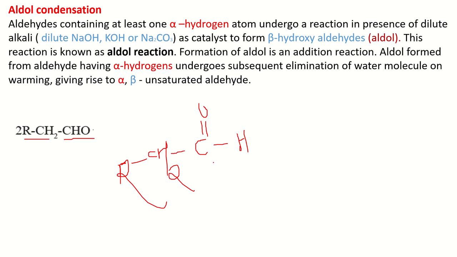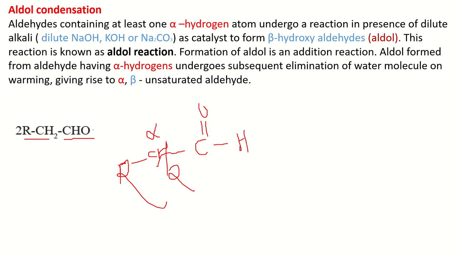This part is called the carbonyl group. The neighbor carbon of the carbonyl carbon is called the alpha carbon, and the hydrogen atom attached to the alpha carbon is called the alpha hydrogen.